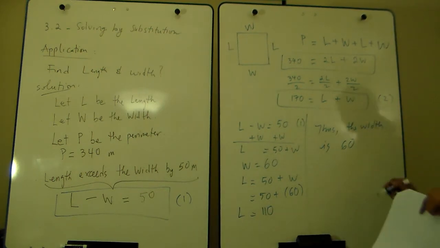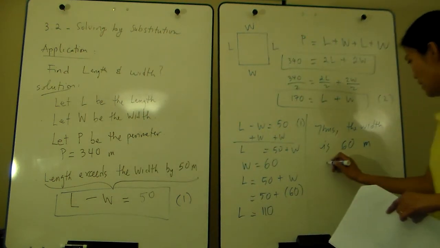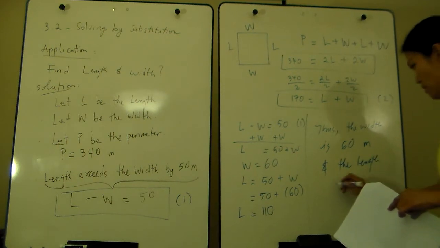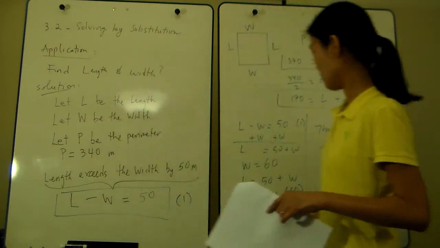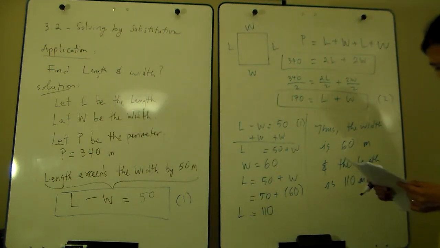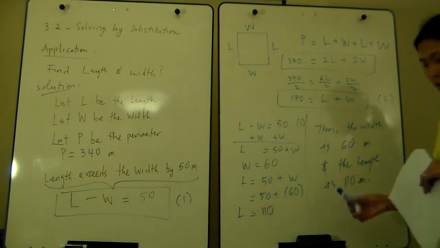Make sure you write the unit. What is the unit? Meter. And the length, which is L, in this case L is 110 meters. So this concludes section 3.2.